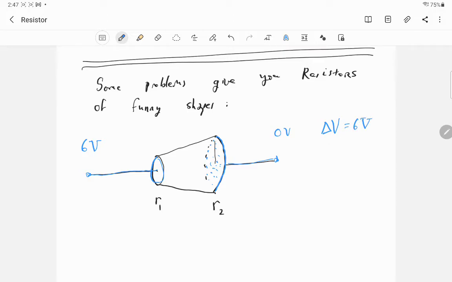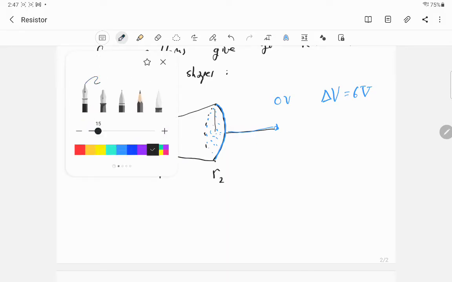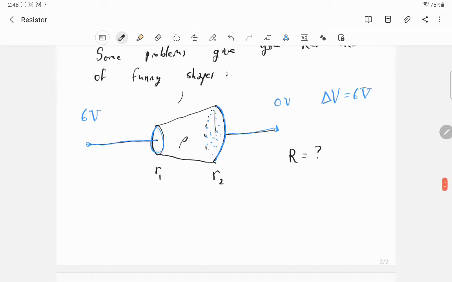But the problem is I don't have one value for the cross-sectional area. So how do you do this problem? We want to know what current flows, what's the resistance. So these are questions. What's the resistance of this device if we know it's got resistivity rho, if the length of it is called L from front to back, and the radius changes?